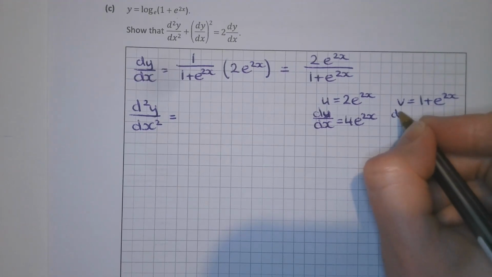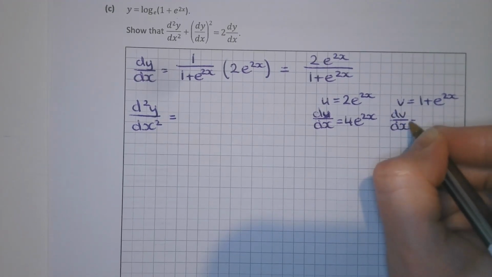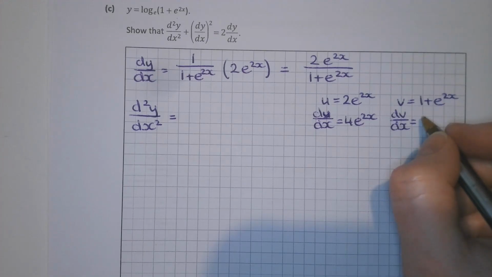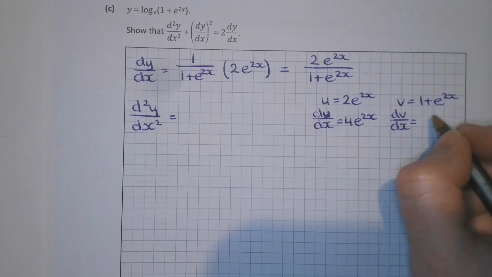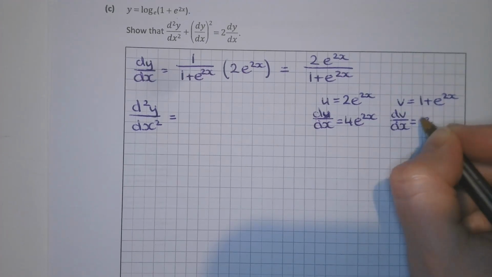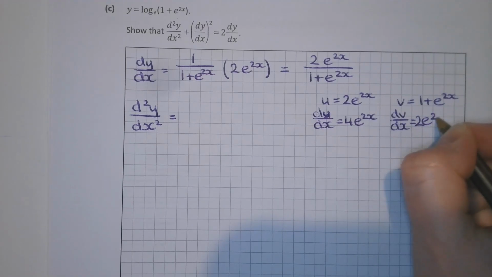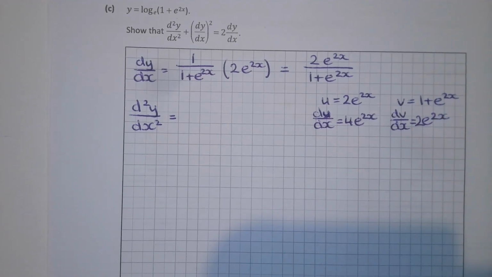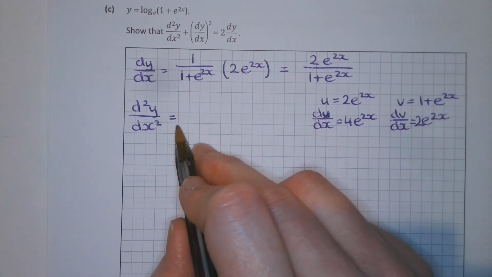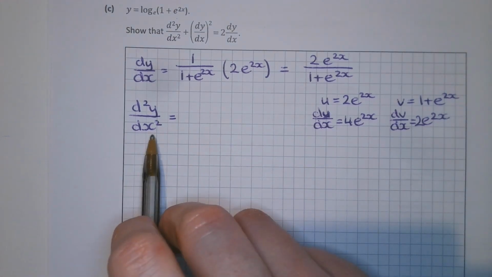And then dv dx will be equal to just 2e to the power of 2x. So when we're bringing that together, this is going to be our second differential.